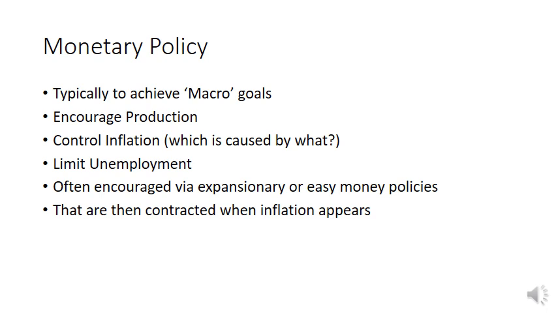These goals are achieved via relatively easy monetary policy, which is by increasing the ease with which people and businesses can access money, we are able to encourage production and limit unemployment. This, of course, goes counter to that middle goal of controlling inflation.